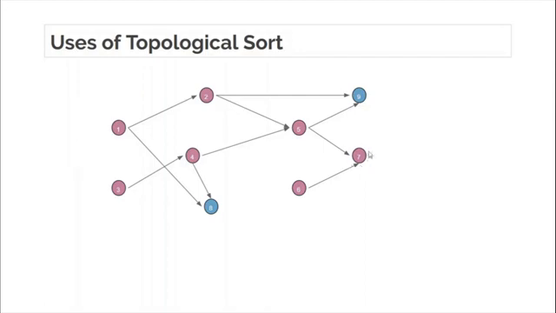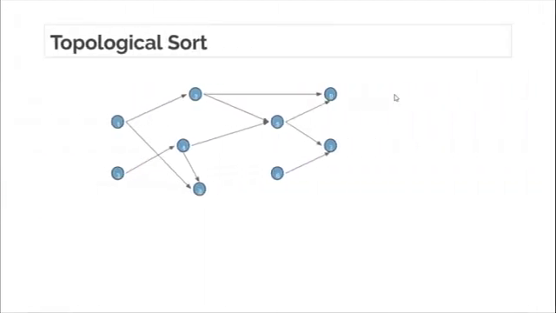So for 7, all of its dependencies, which are 1, 3, 2, 4 and 5, 6, must appear before 7 in the topological ordering. Similarly for 5, all of its dependencies, which are 2 and 4, should appear before 5, and for 2 its dependency is 1, so 1 should appear before 2.